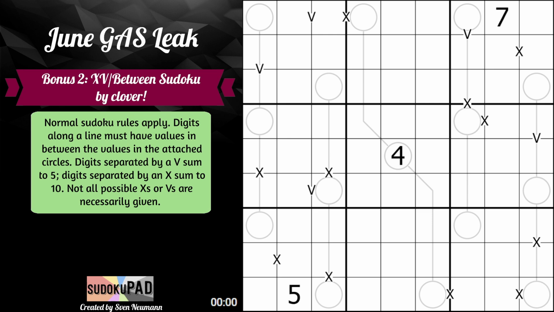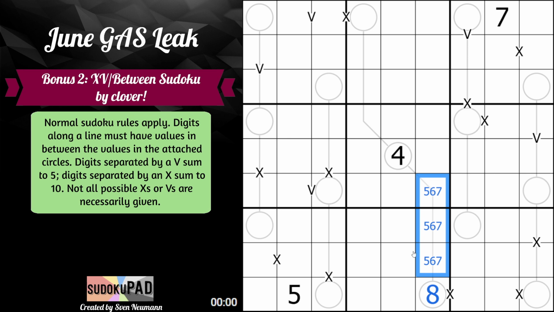Well, Clover actually gives us a for instance for our between lines here. If two attached circles contain 4 and 8, conveniently enough we already have a 4 here, so 8 here, then digits on their line can include any combination of 5s, 6s, and or 7s.